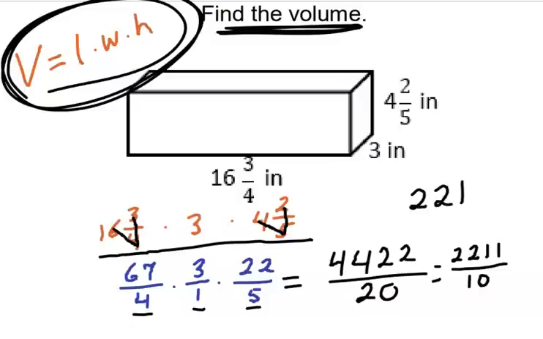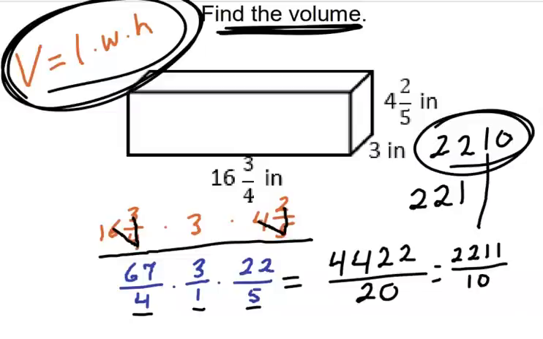So if you do 221 times 10, you're going to end up with 2,210. So if we used up 2,210 out of 2,211, there's going to be 1 left over, right? So it's going to be 1 over 10.